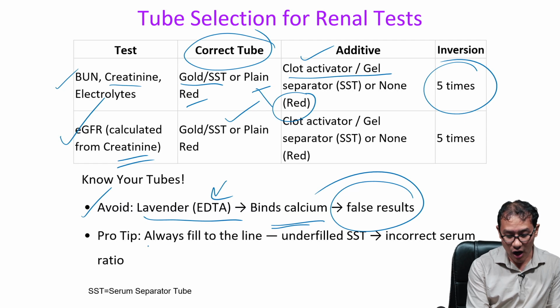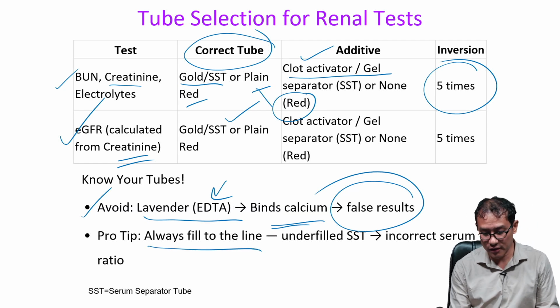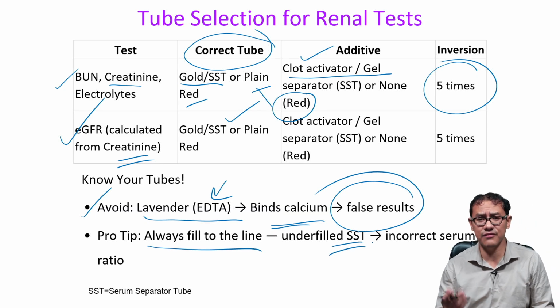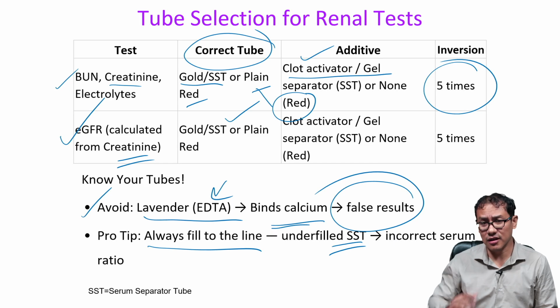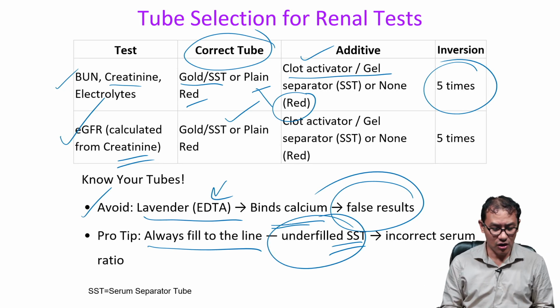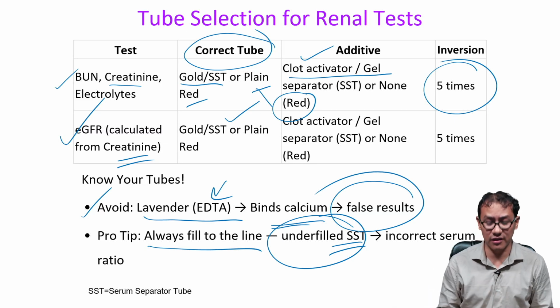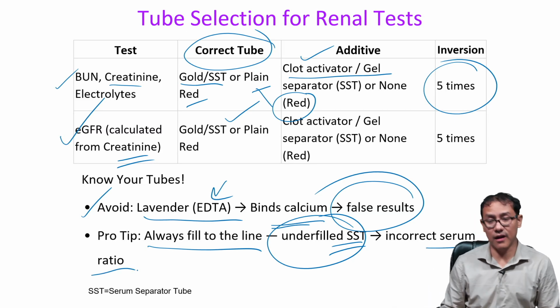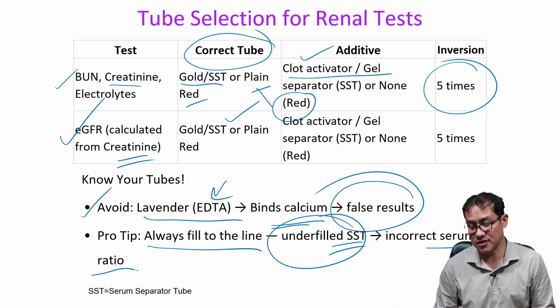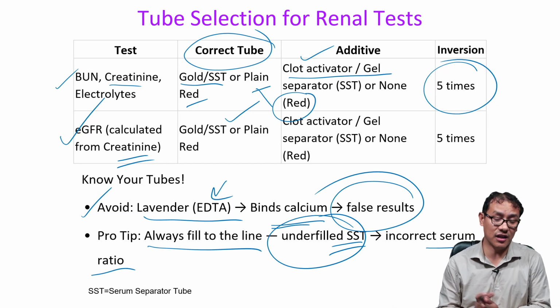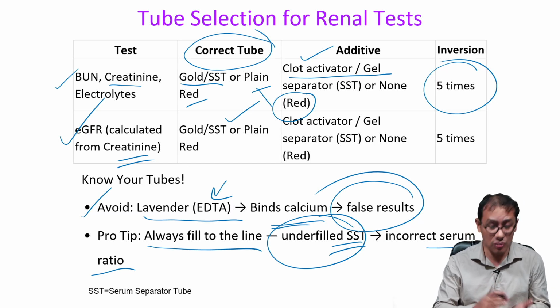How much volume has to be filled is also important. For example, an SST vial should be filled up to 2/3 of the volume. If you do much underfilling, the serum ratio may be incorrect.